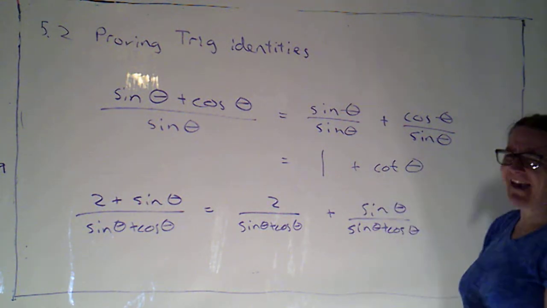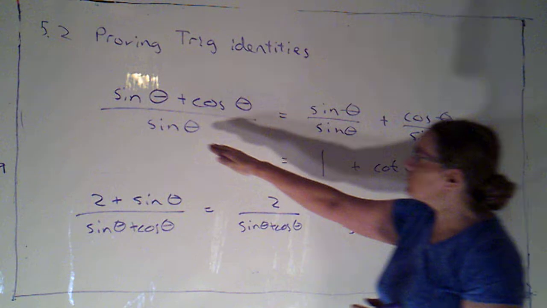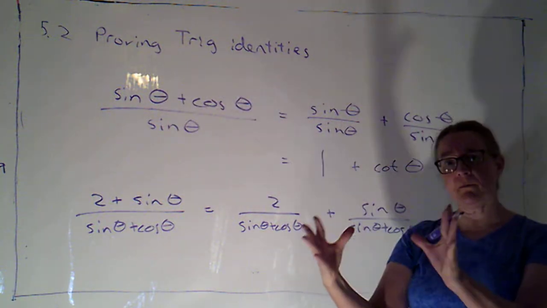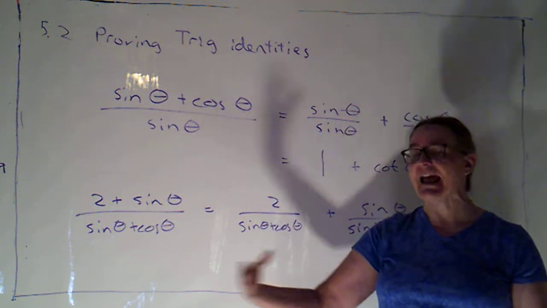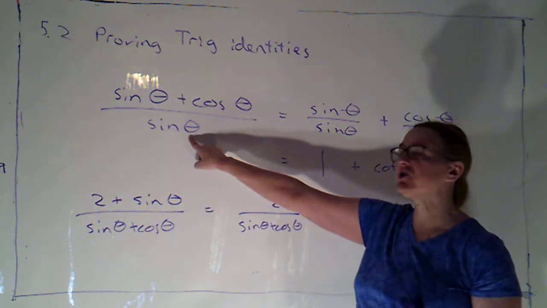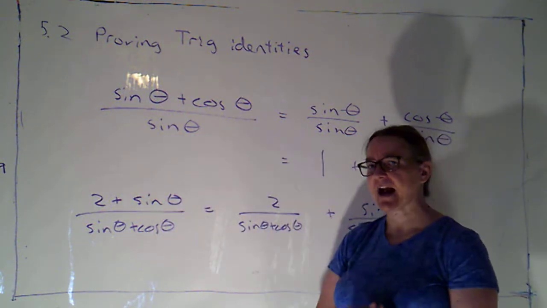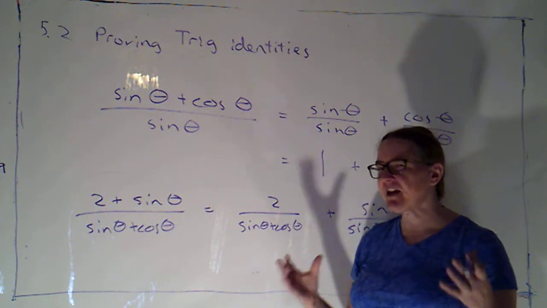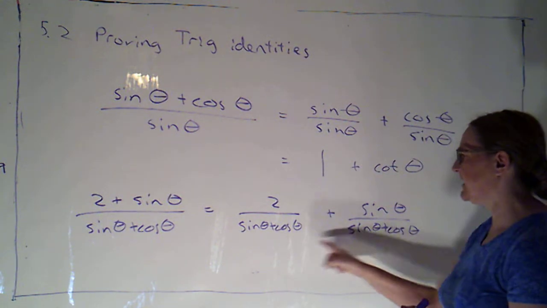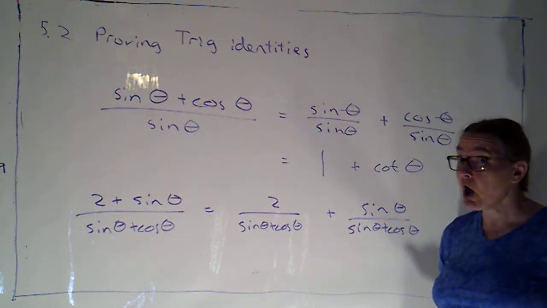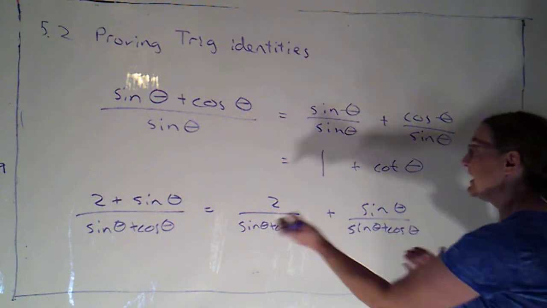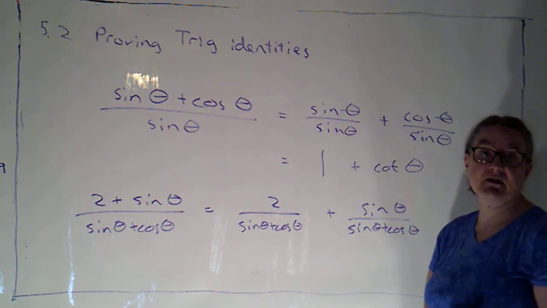I don't think that's any simpler. So distributing the division to break one big fraction into smaller pieces tends to be useful when you have just 1 term in the denominator. If you have addition or subtraction in the denominator, generally speaking, it's not going to be particularly useful. Not wrong, just probably not useful to split that up into 2 pieces.